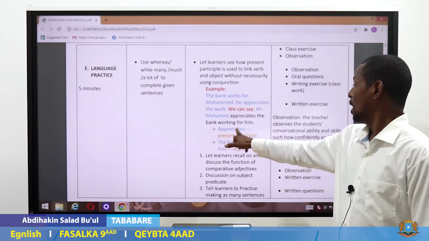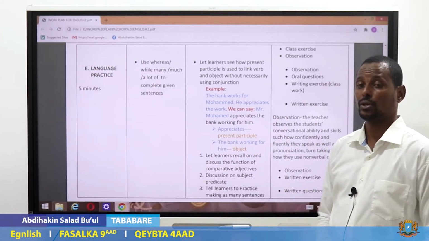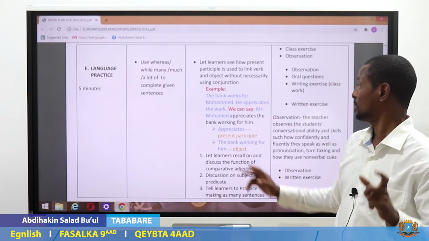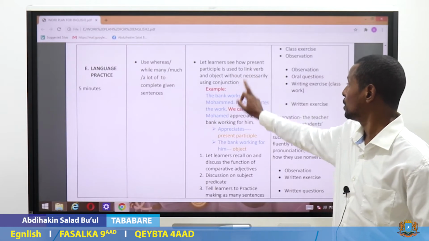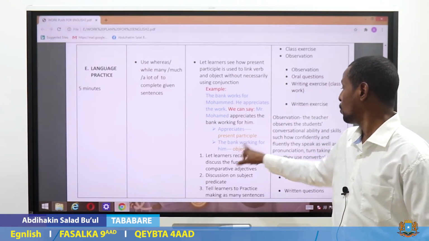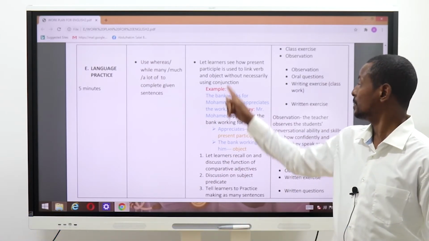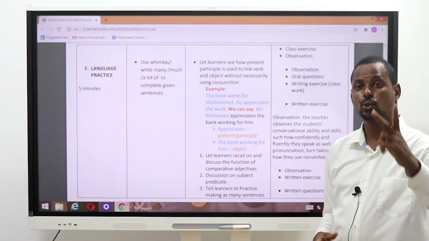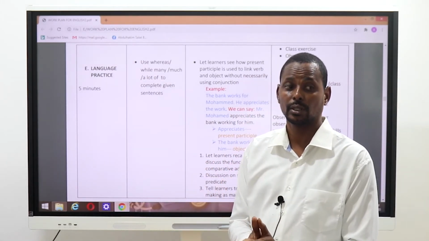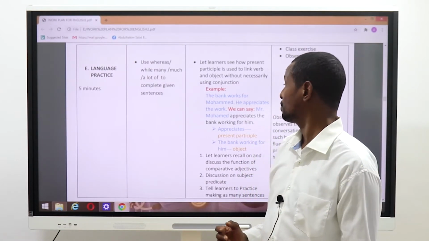So, appreciates is the present participle of the verb appreciate. Let the students see how this is done. The bank working for him, object. Here, the student has joined two sentences without using coordinating conjunctions, using the participle of the verb appreciate.